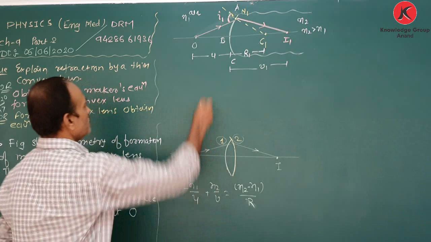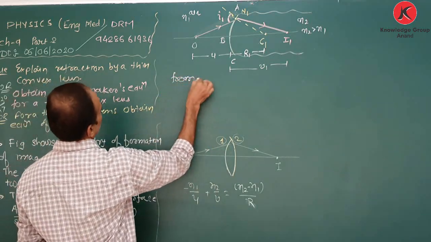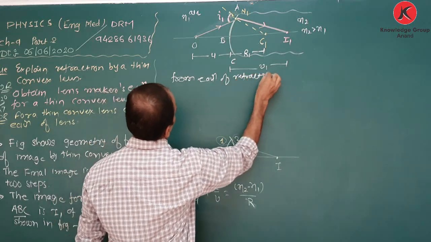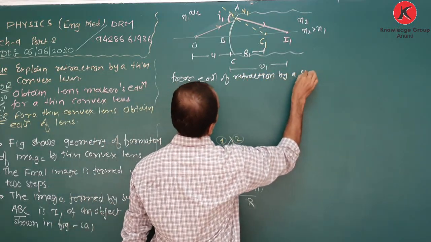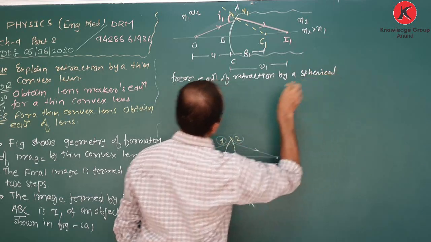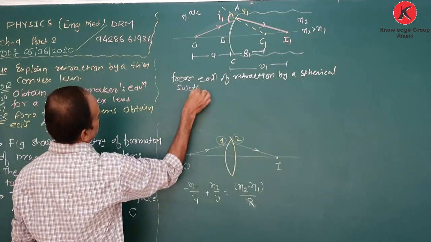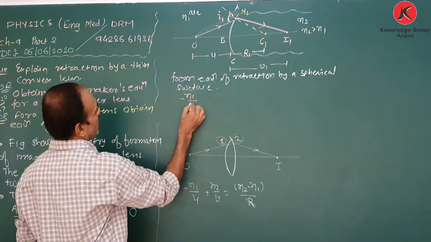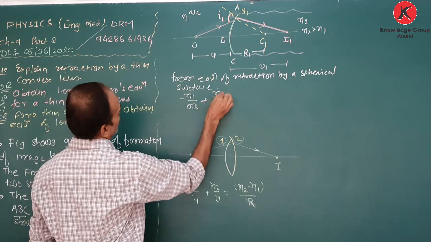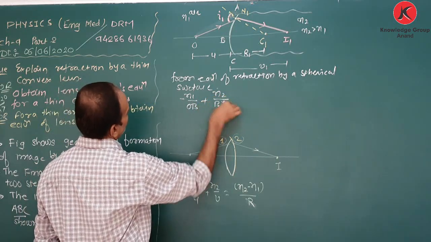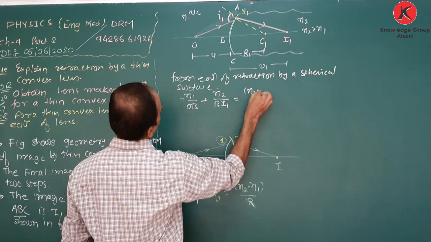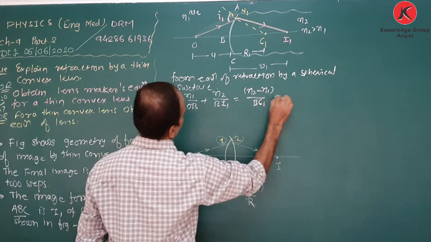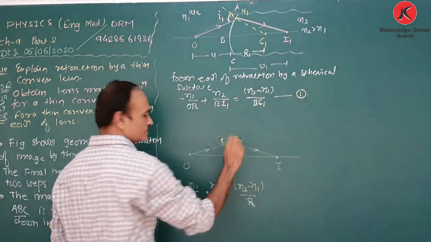From the equation of refraction by a spherical surface, we can write directly minus n1 upon OB plus n2 upon BI1 is equal to n2 minus n1 upon BC1, the radius of curvature. That is equation 1.